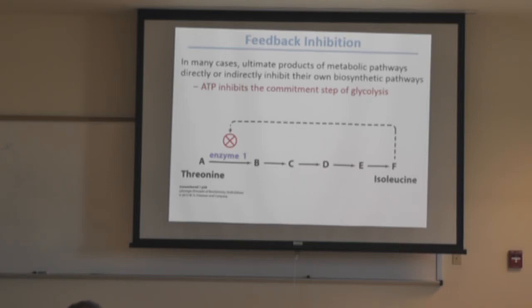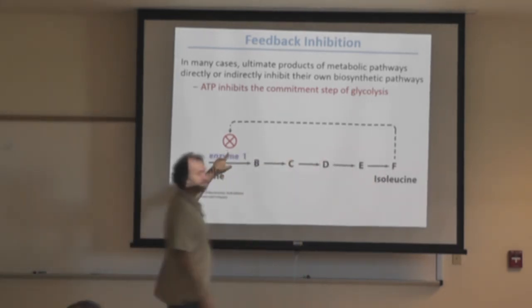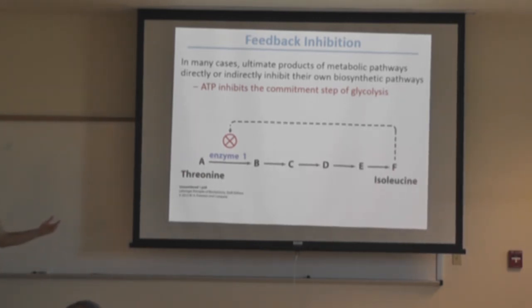So, this is what I was talking about, feedback inhibition. The product in the pathway will inhibit the entry step into that pathway. So what's the product of glycolysis? The main product that you're going for in glycolysis? Why are you burning this sugar?